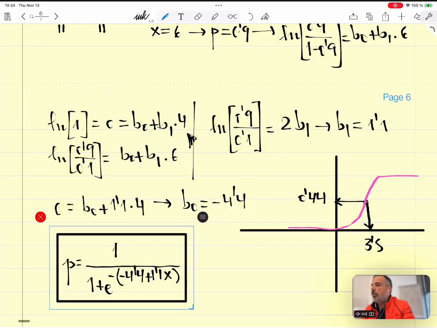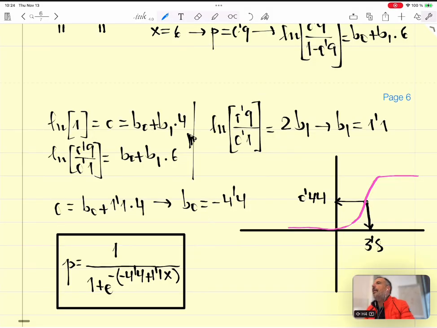This is the fundamental decision criterion for deep learning in two categories. Okay?